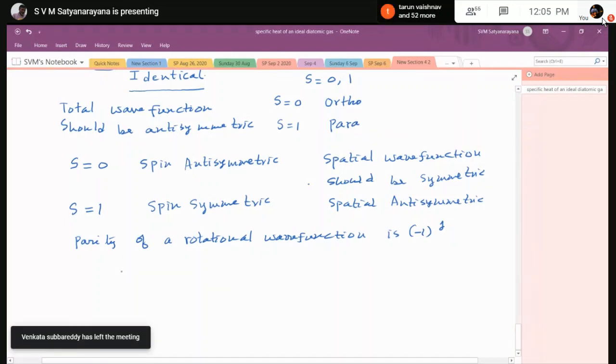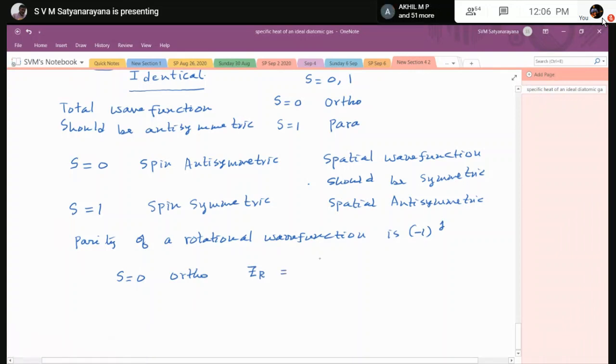Suppose you take S is equal to 0, that means let's say you have ortho hydrogen. Then you have to calculate your Z_R to be the sum over J, and you have only even J, of (2J+1) e^(-beta hbar^2/2I J(J+1)).